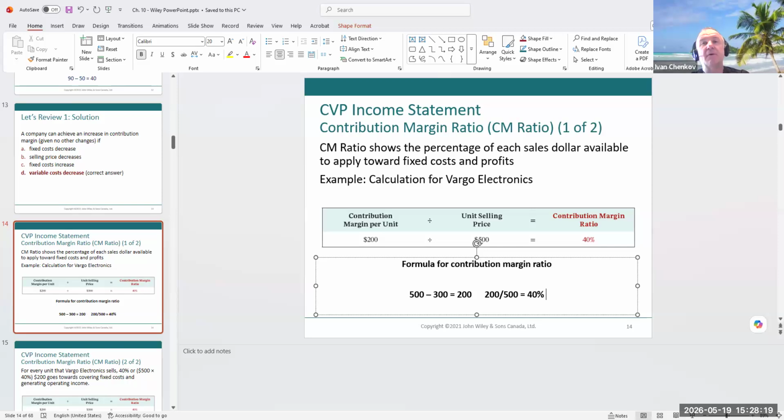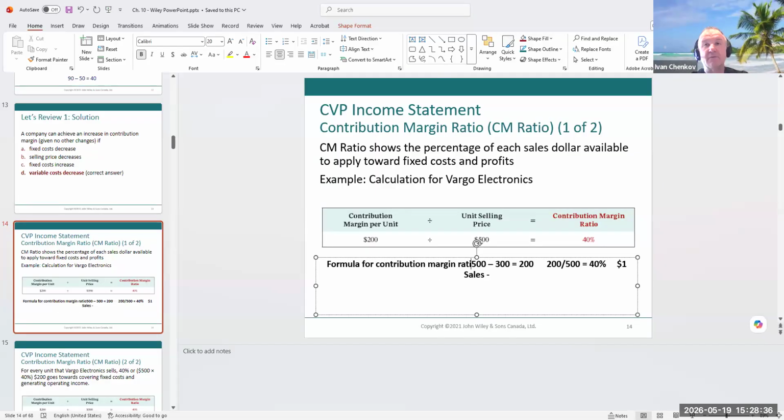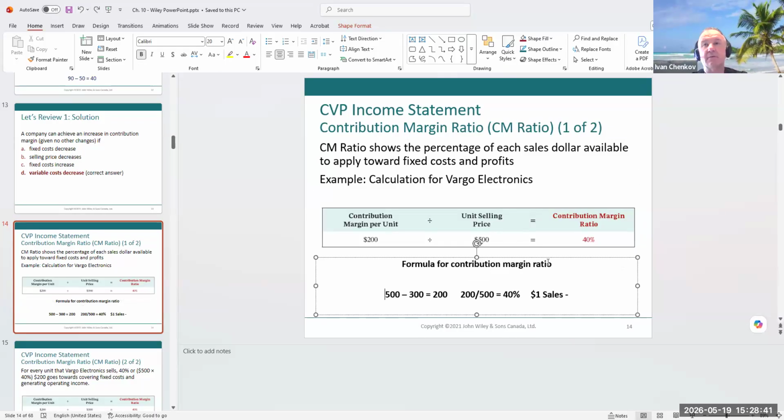Now the question is, what does that 40% mean to me? That 40% simply means for every dollar of sales, that transfers to 40 cents of contribution margin.